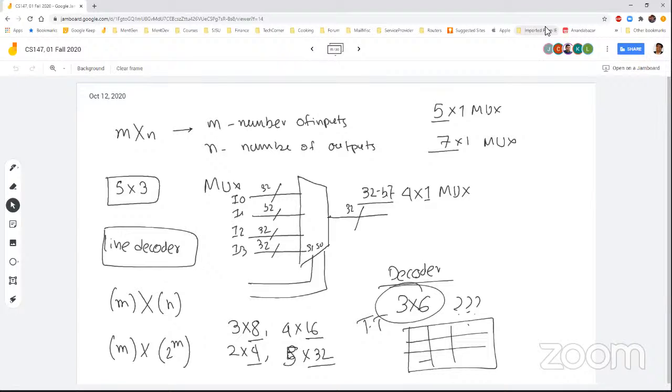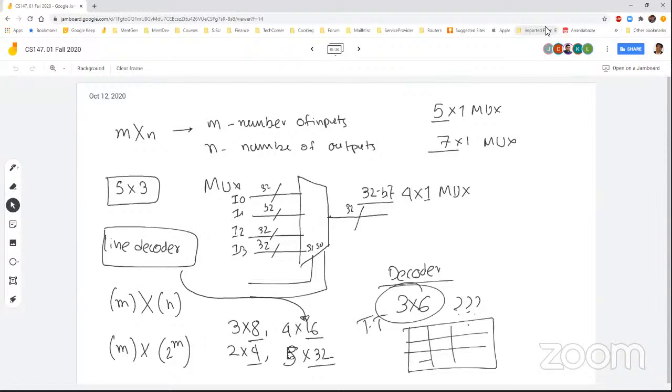Unlike that, if someone gives you a line decoder of 4 by 16, we pretty much know what the truth table is. It's practically exhaustive of every combination of 2 to the power 4 combinations on the input side, and its output is the corresponding minterms. Make sense, Andy?